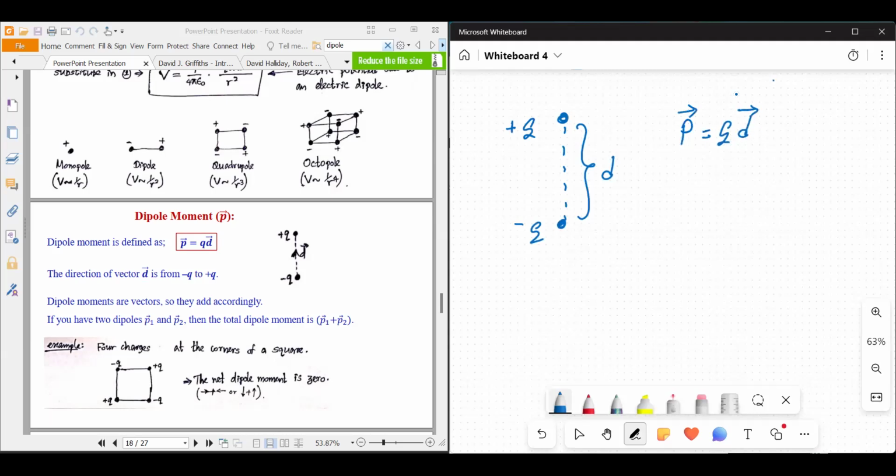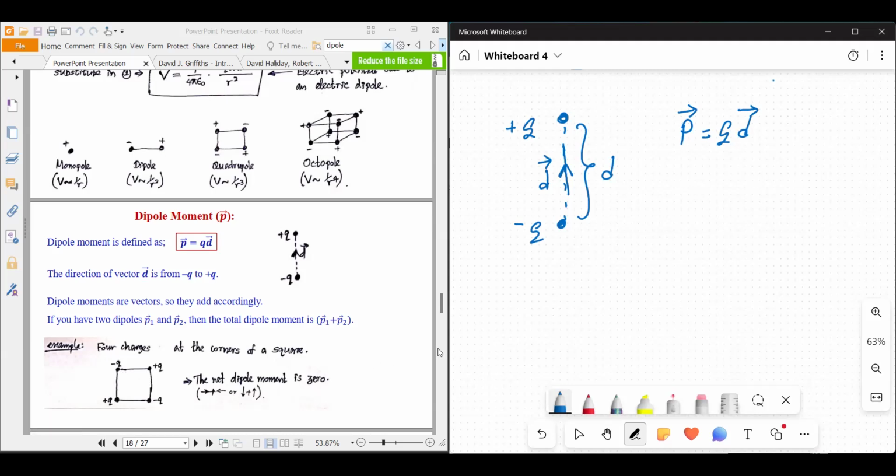So in here we need to consider the distance d in a vector format, and the direction of the vector d is from minus Q to plus Q. So if you have two dipoles, P1 and P2, then the total dipole moment can be calculated by considering the vector summation of these two dipoles.